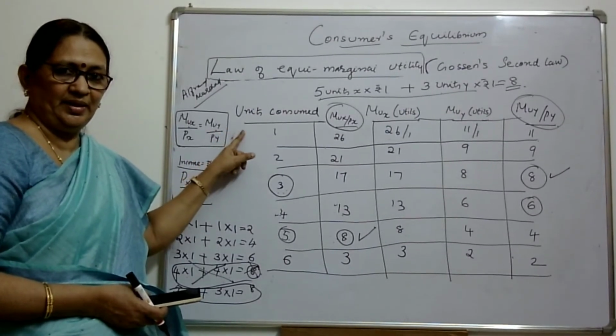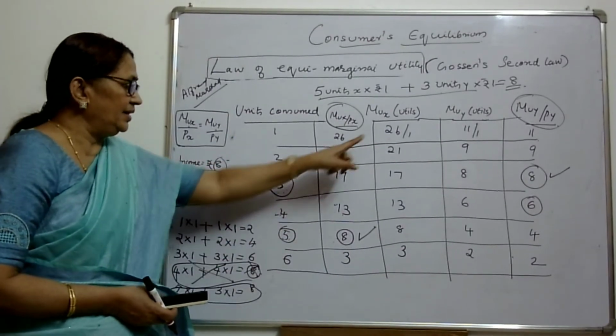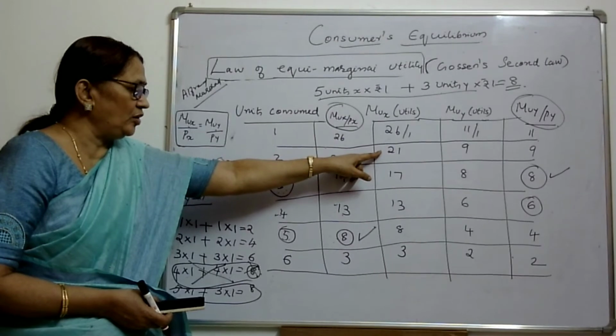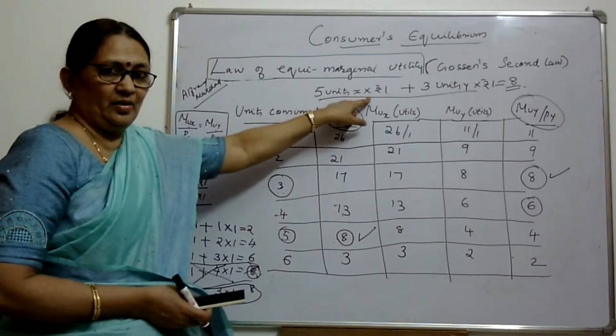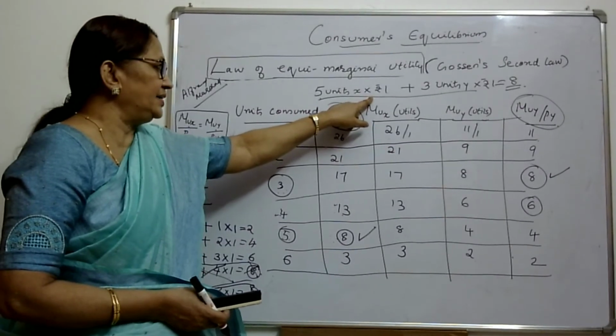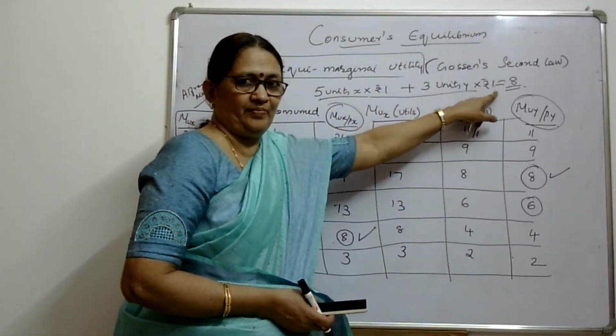It is equal to income. So, as he is deriving more satisfaction from good X, he is consuming 5 units of good X, and 3 units only of good Y.